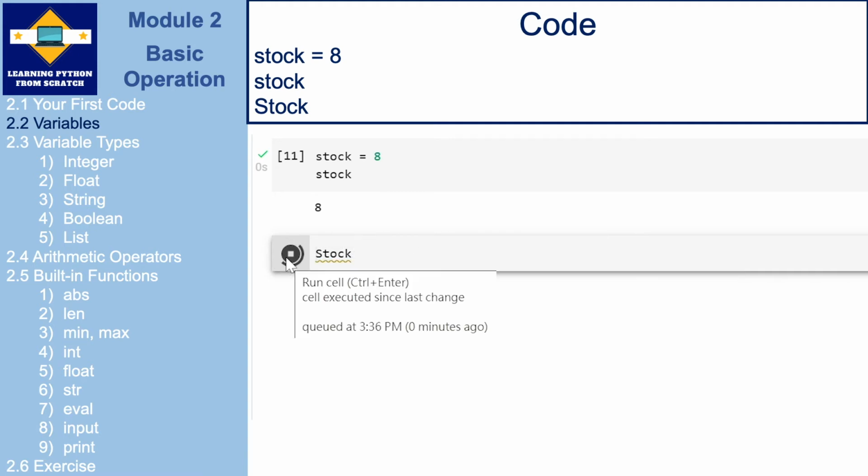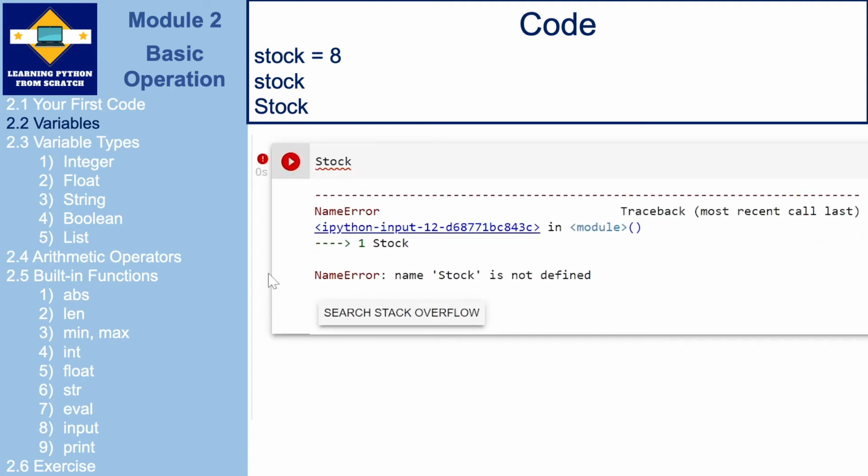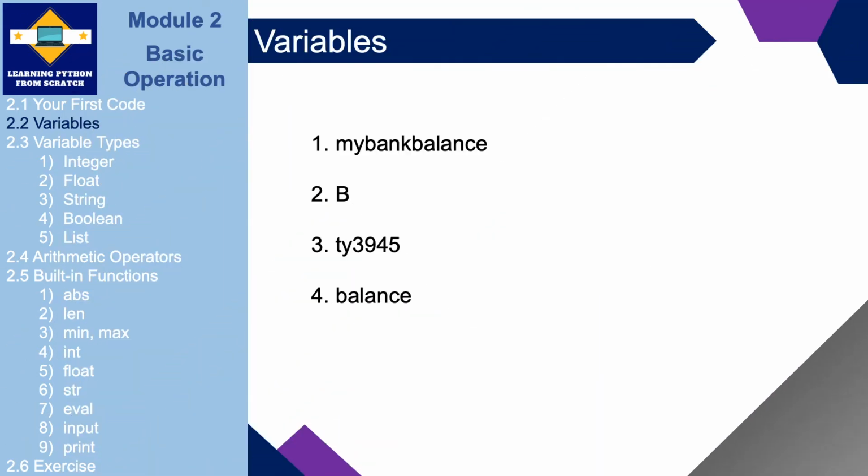The error message appeared since the variable stock we used previously has s in lowercase, which is different from the variable Stock with S in uppercase. You should make the name of the variable reflect the purpose of creating this variable, and more importantly, make it short. Which of the following is a good name?